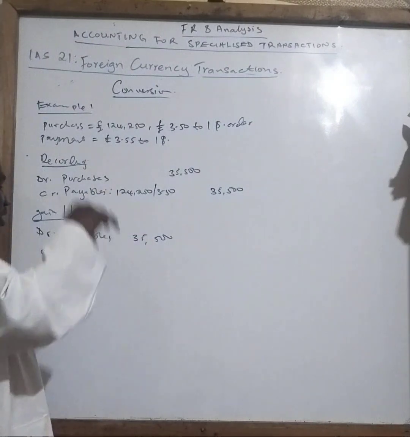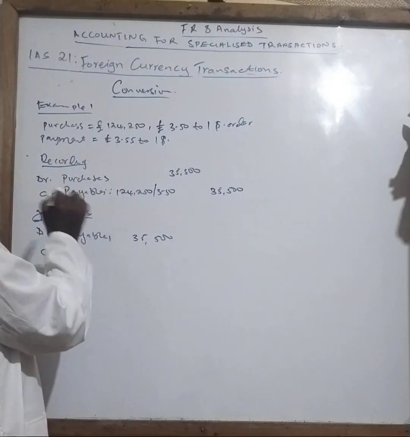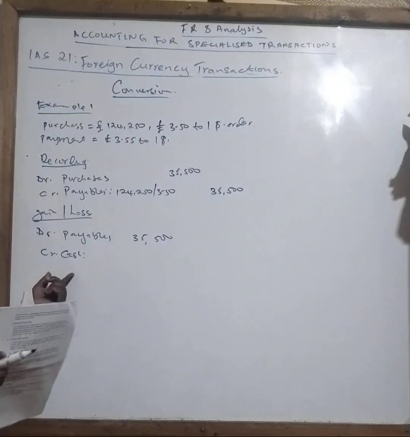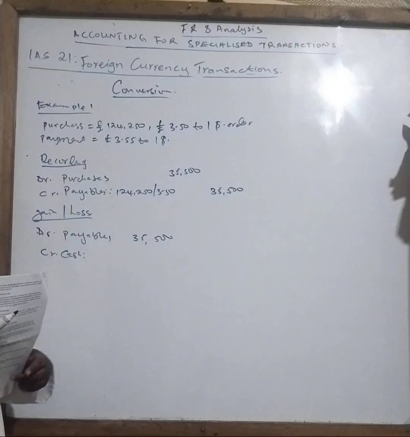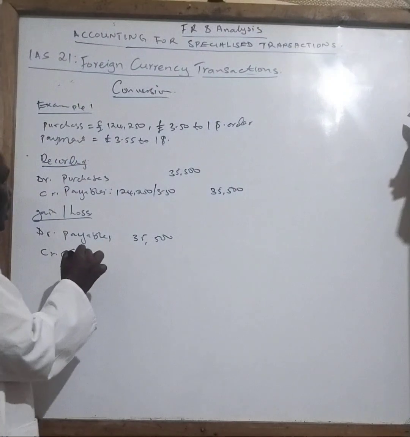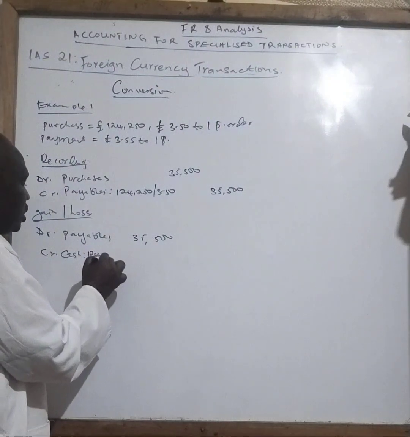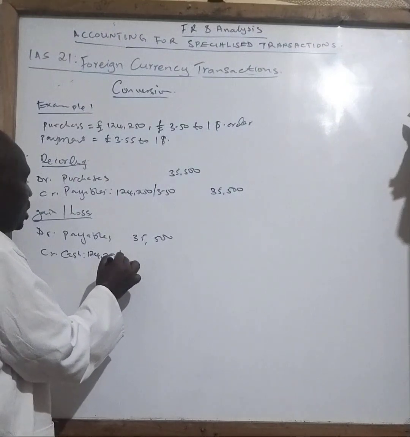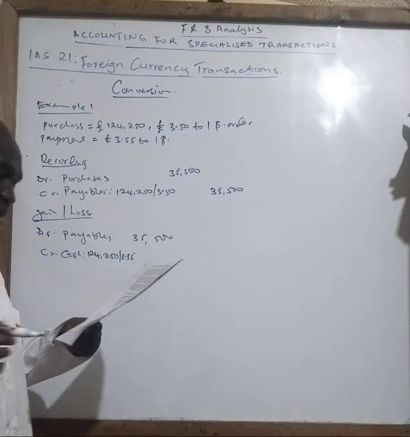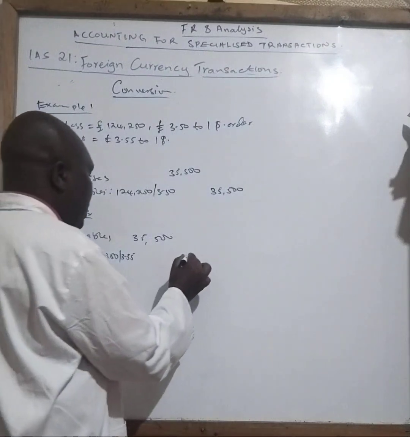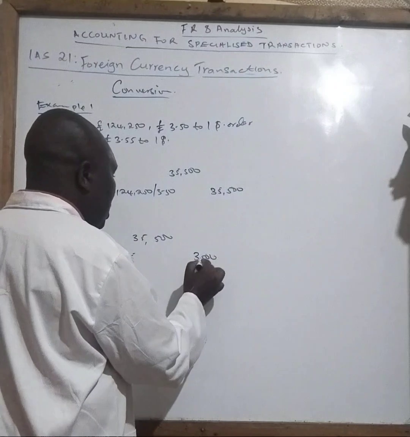Because I'm crediting bank or cash, I have to ask what the exchange rate was at the time of payment. I have to convert this to see how much liability I'm paying. So I will take 124,250 divided by 3.55. If you do your calculation well, your answer is 35,000.